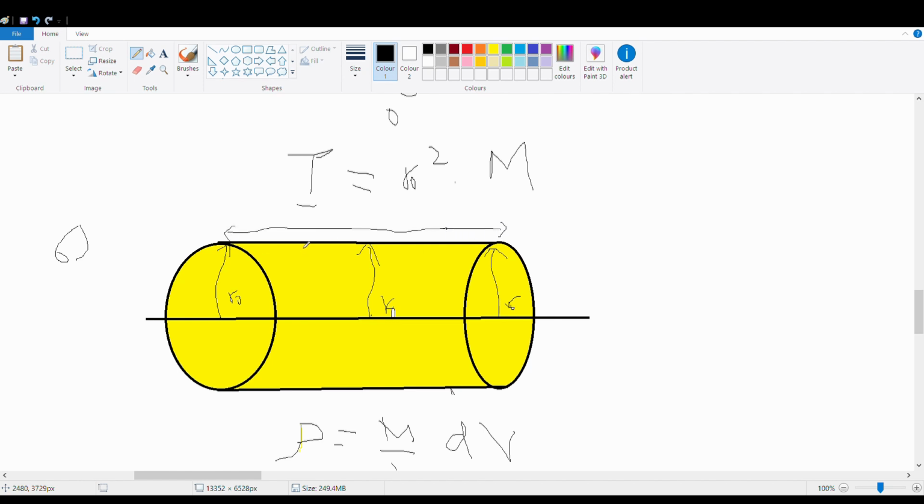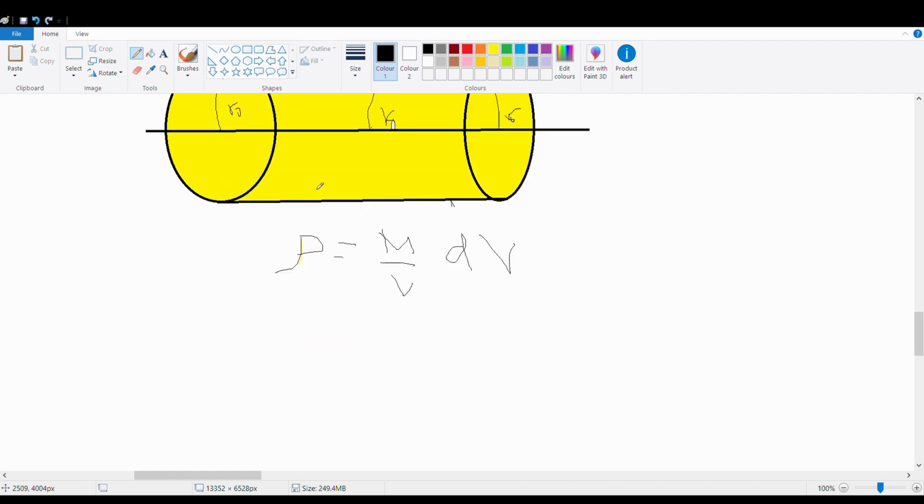We usually say the volume of the cylinder is pi r squared h, or we can say L also, it really doesn't matter. So the volume is defined as pi r squared L. Now this is not the total volume that we're defining here.